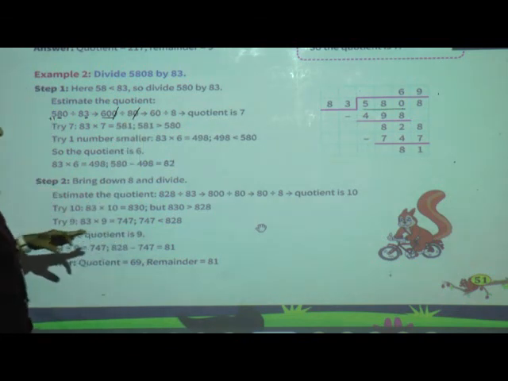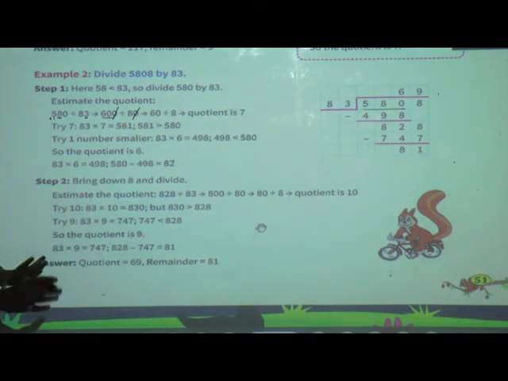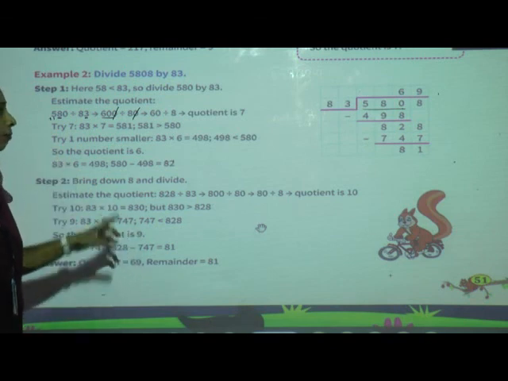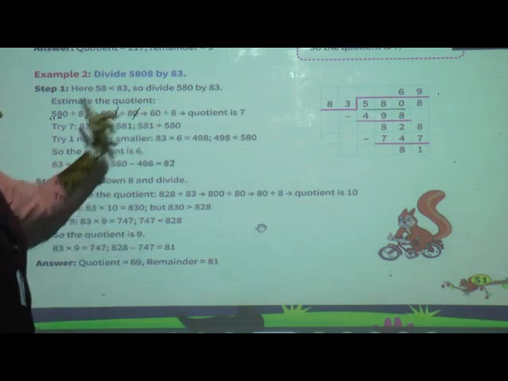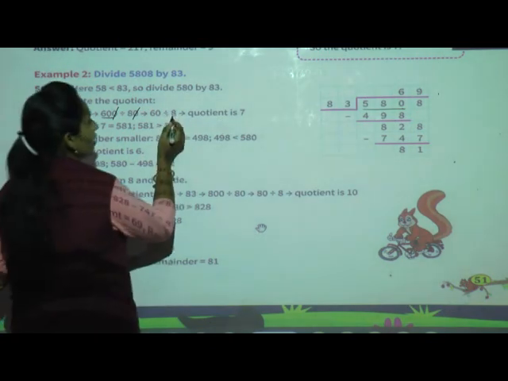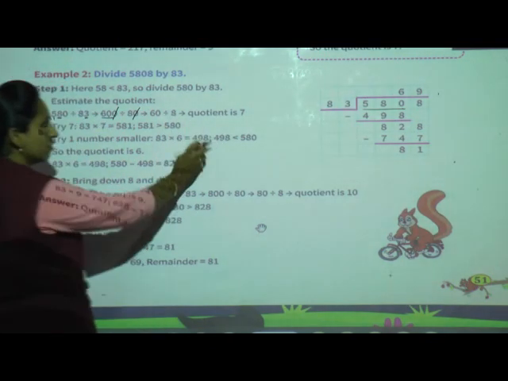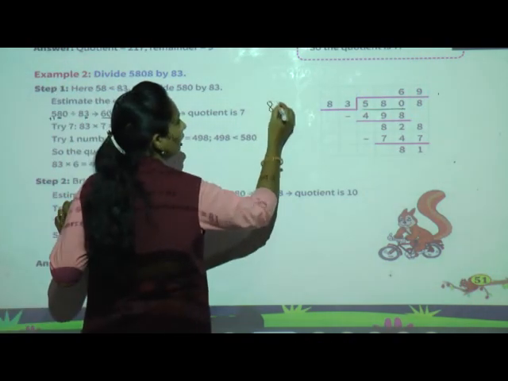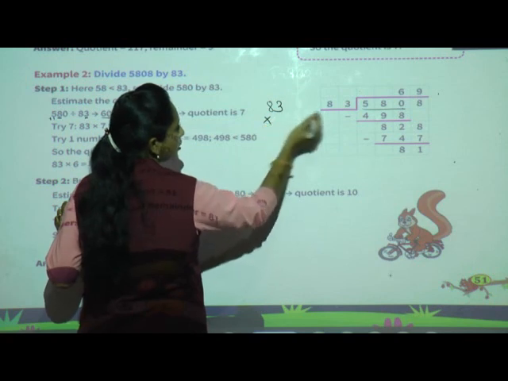If it is not there, see, till the 10 table you should know perfectly for solving 2-digit division. Now 8 times 7 means 56, isn't it? Now what should we do? Now we should try the same.